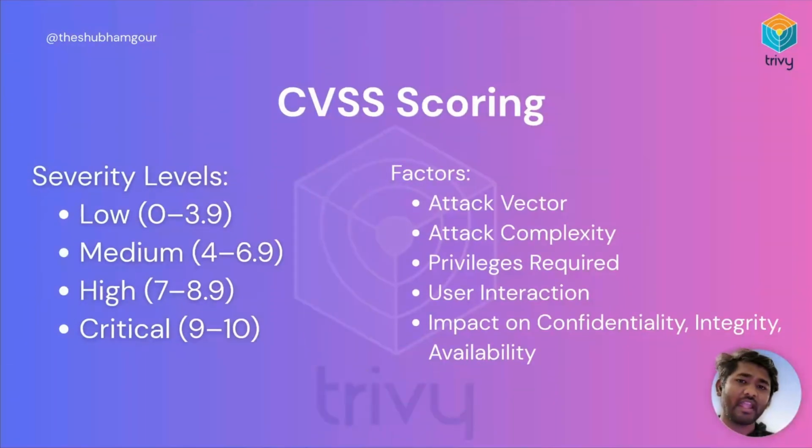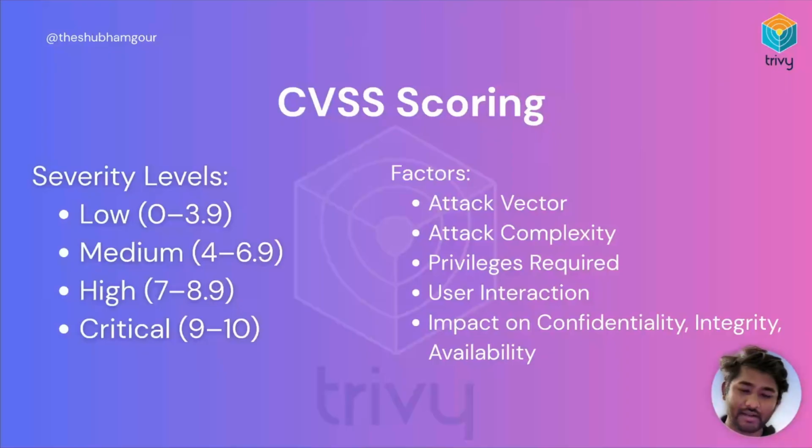Now it took the data source and analyzed the image. On what basis does it do the scoring? CVSS scoring. There are four levels: low, medium, high, critical. Low is between 0 to 3.9, medium is 4 to 6.9, high is 7 to 8.9, and critical is 9 to 10. Now, what factors does it consider in the scoring pattern?